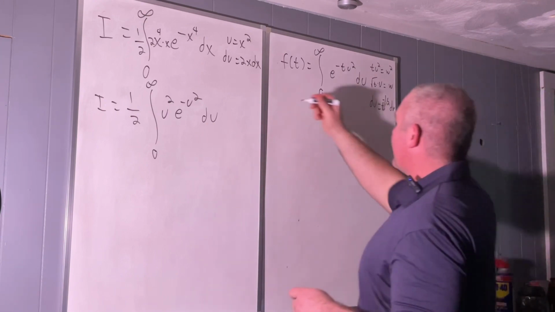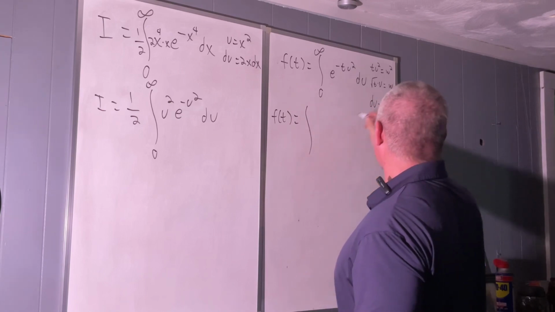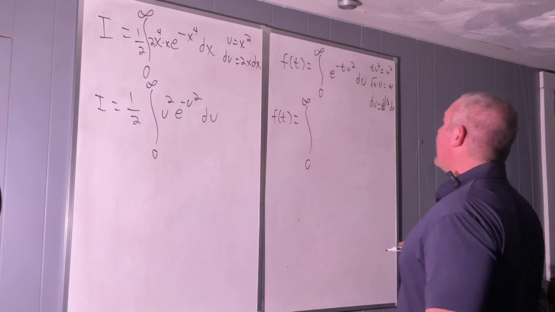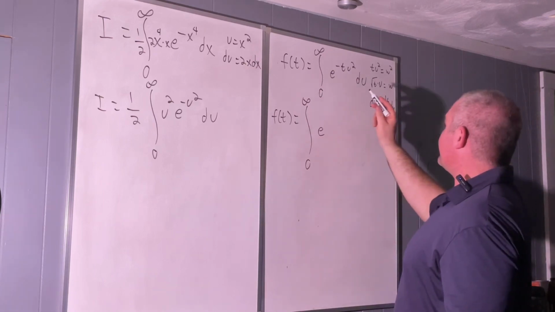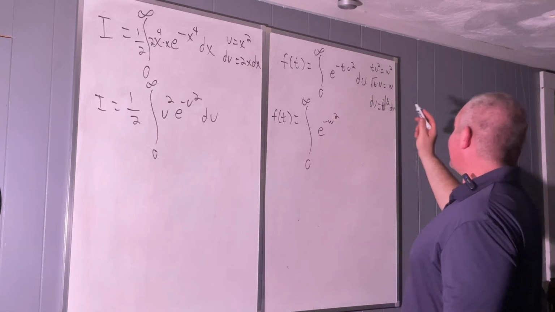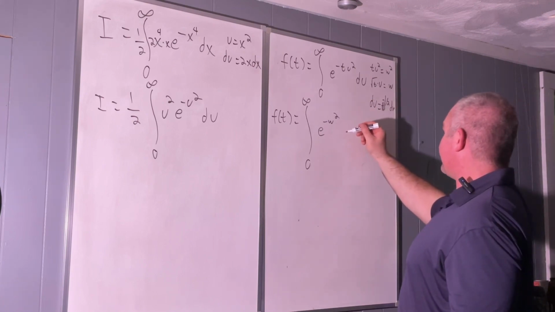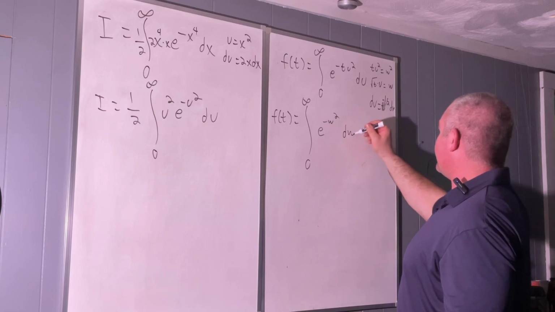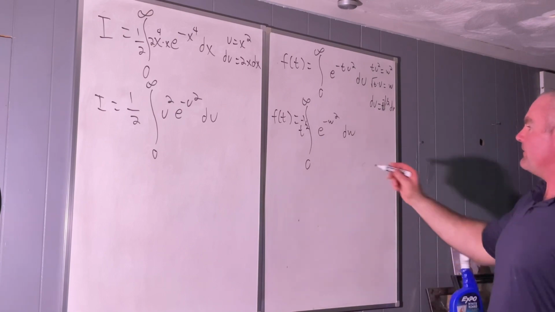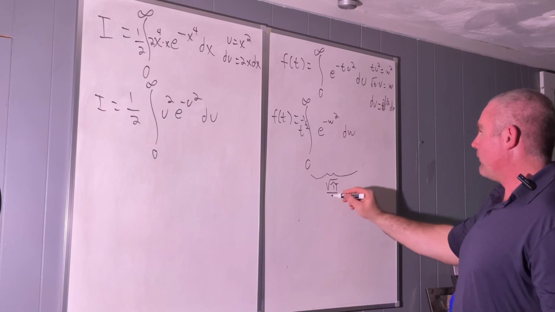Okay, so now f of t is equal to the integral from 0 to infinity, that's not going to change our bounds, of e to the negative w squared times, our du will become t to the negative 1/2 dw. So we're going to have dw and then t to the negative 1/2. All right, this part right here, of course, we know this is the square root of pi over 2.